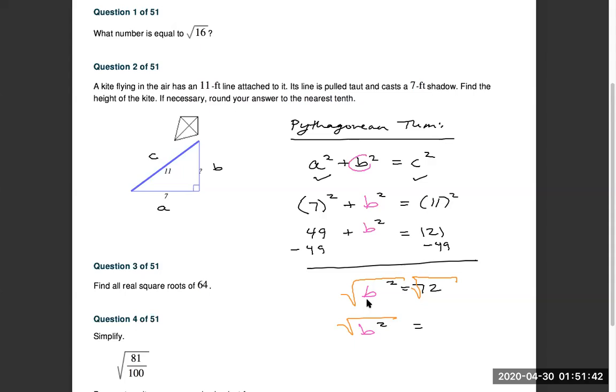When you take a square root of both sides like this, you need a plus minus. And so the square root cancels out the square. You have B equals, in the Pythagorean theorem case, you're only going to use positive since it's a distance.